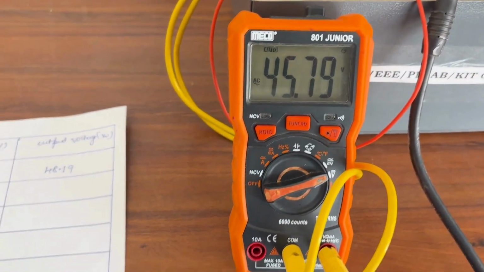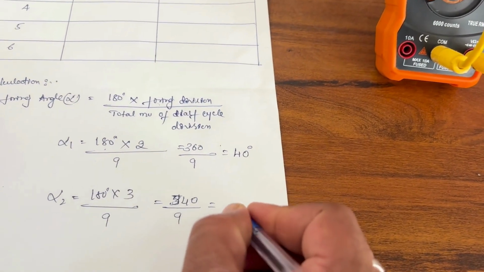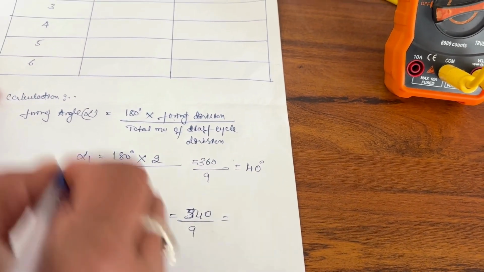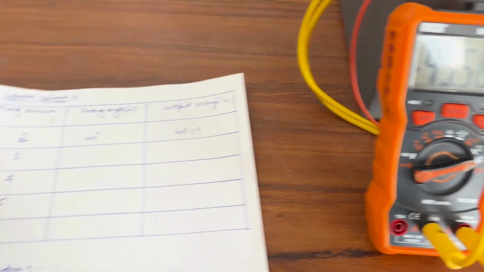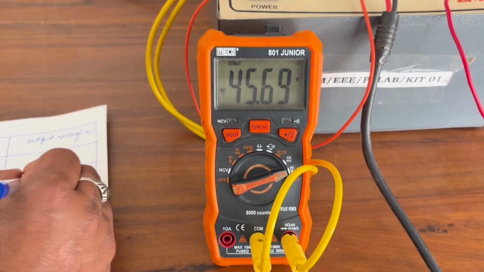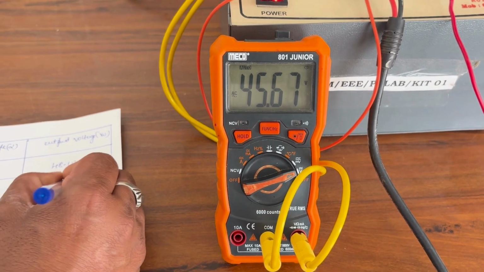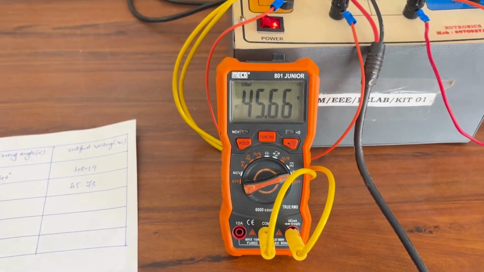Once we get the number of divisions, we need to find the value of alpha also. Like this we need to go for the remaining values. Then we need to check what the voltage is. The voltage is around 45.773.